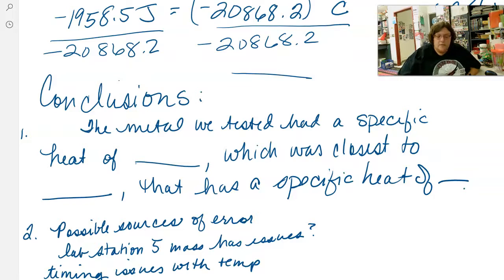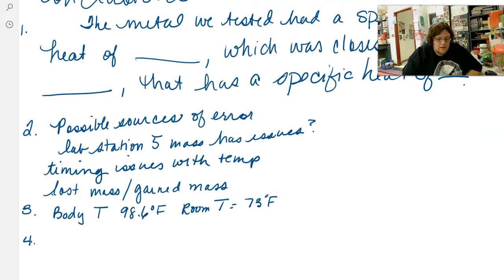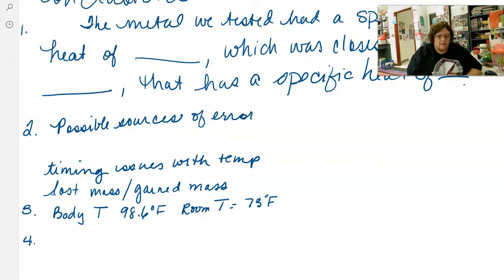Okay? The second piece, the question asks for possible sources of error. This is Group 5's data that I used, and they got very strange issues. One suggestion, though, would be timing.